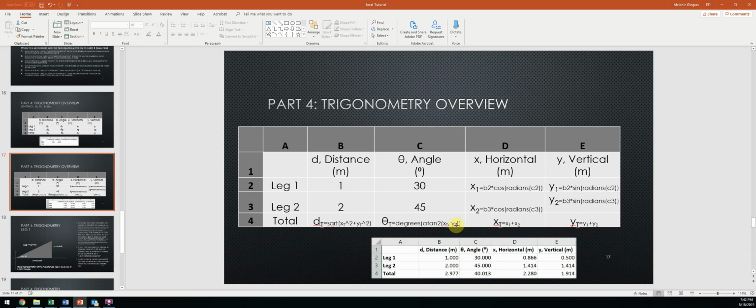This has xt and yt in it, and this has xt and yt in it. So if we don't have those yet, we can't do those calculations. All right, so we have to do xt and yt first. These are simple summations, right? We're adding x1 and x2 to get xt, or x total, and then we're adding y1 and y2 to get y total. Okay, so let's go back into Excel and we'll do that.